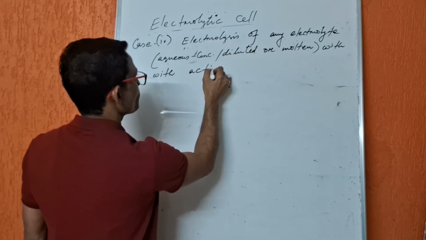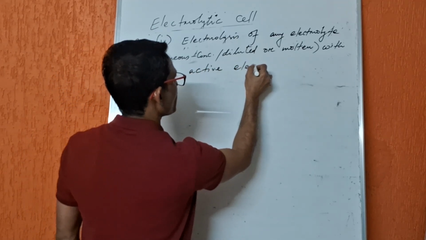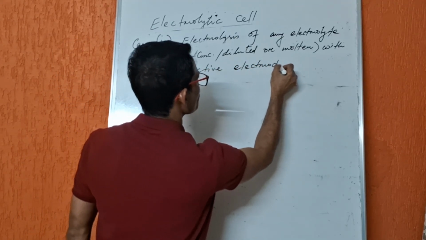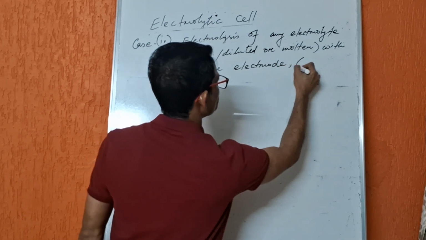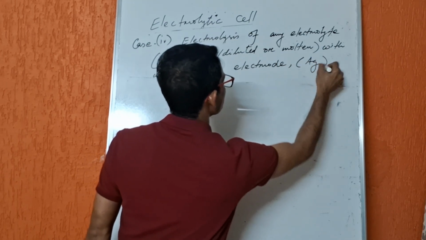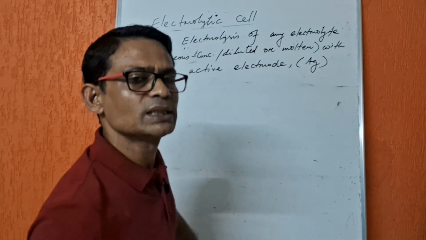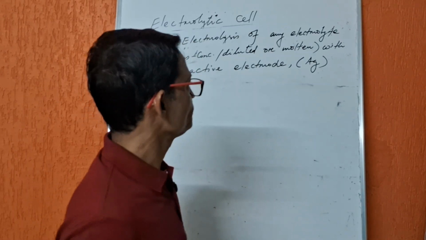Say here silver is the anode as well as the cathode.